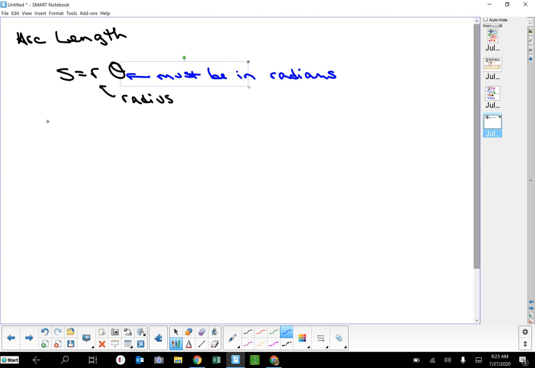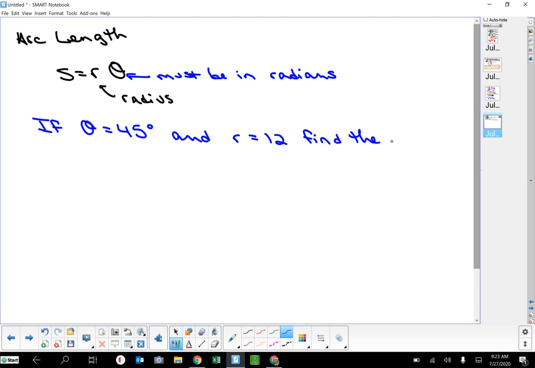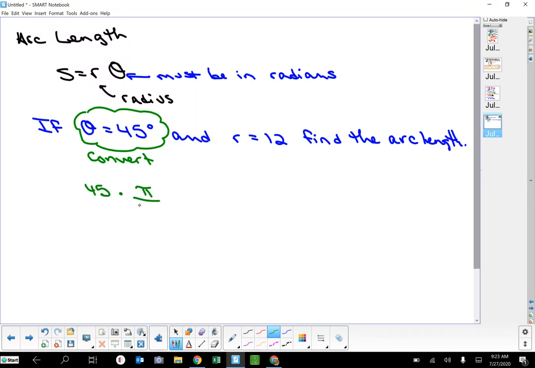So if theta equals 45 degrees and R is 12, find the arc length. Well, the first thing we have to do is convert this guy. So we're going to go 45 times pi over 180.